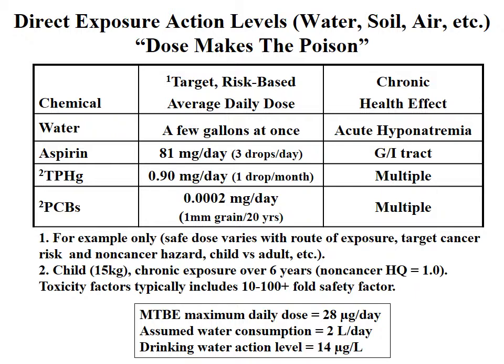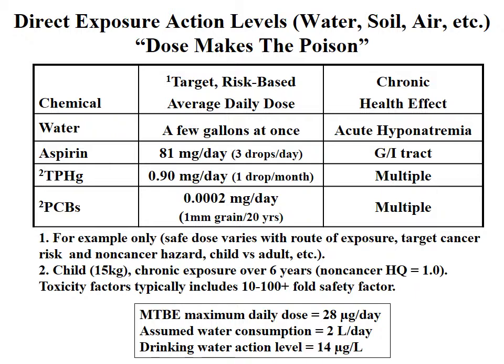So if you take these mini-tab aspirin every day and develop gastrointestinal tract problems, good luck trying to sue the aspirin company, because they have tons of toxicity studies demonstrating that it wasn't the aspirin that caused those problems.